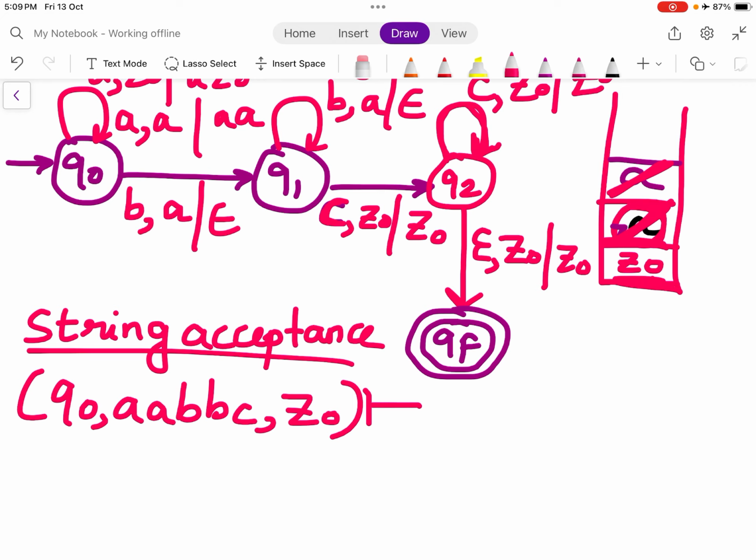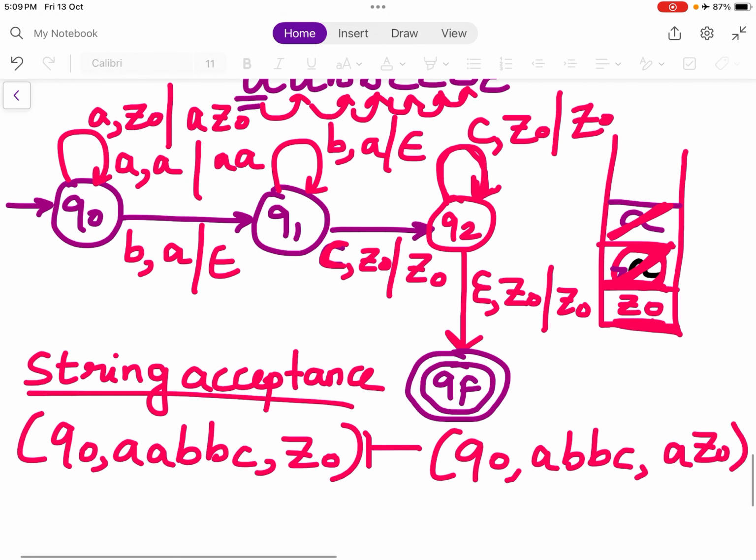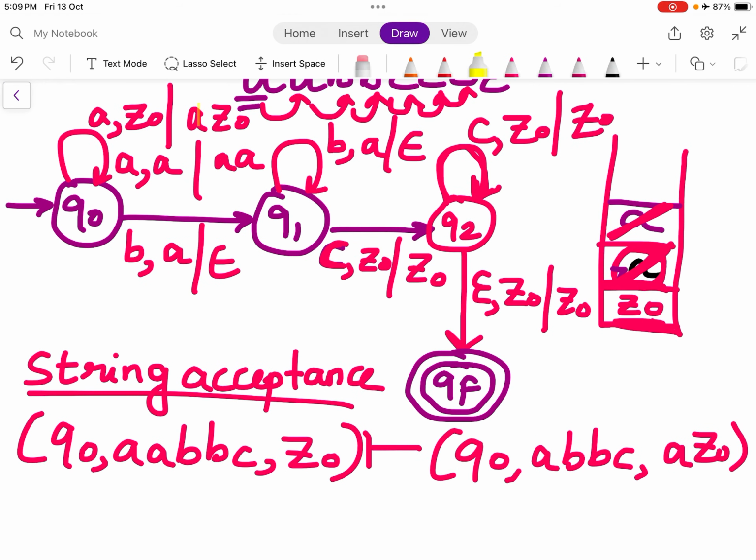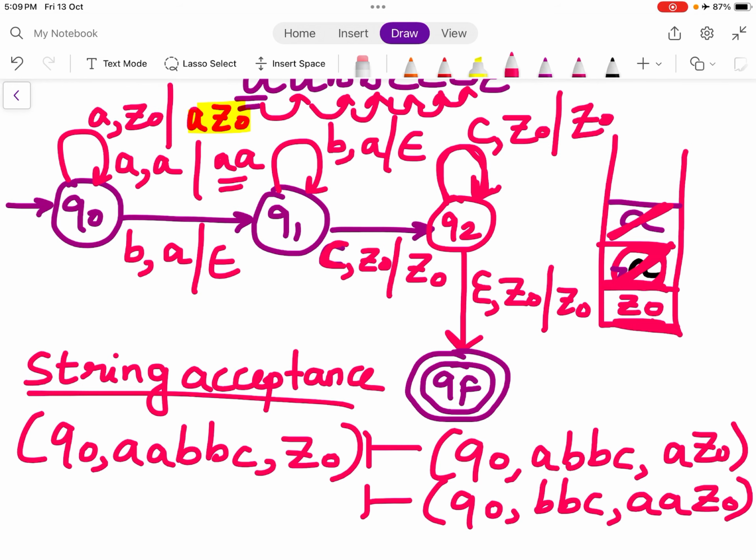For Q0 on A, you remain in Q0 with the remaining string A, B, B, C, and you get A, Z0 on the stack. Next, Q0 on A gives you Q0 remaining with B, B, C, and you get A, A, Z0.